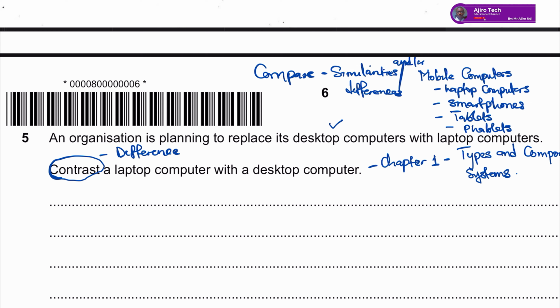So what are the differences between them? Okay, so the first one is they said contrast a laptop computer with a desktop. So the first one we'll look at here is the fact that a laptop computer tends to be lighter in weight.